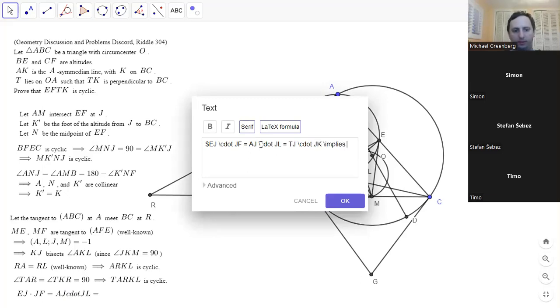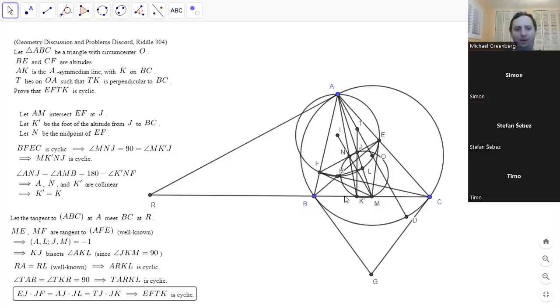That means that EFTK is cyclic. All right, this is a fun one.